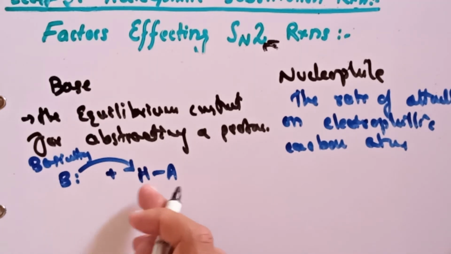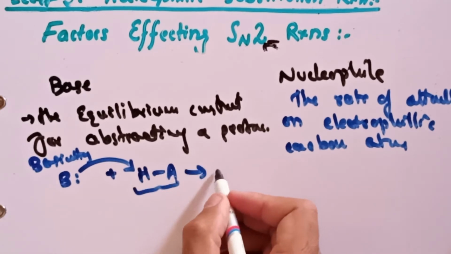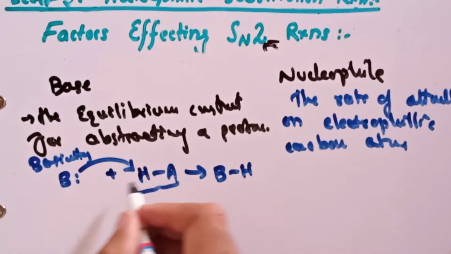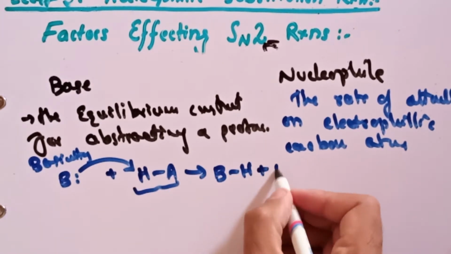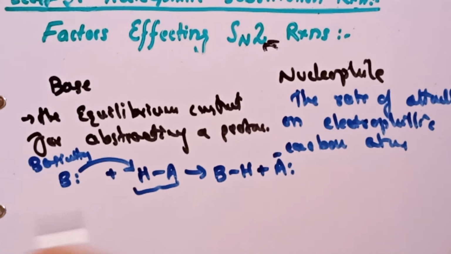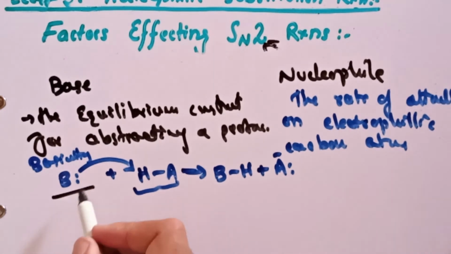They will remove the proton from this species, and the product will become BH, and the acid A will become negative. This is called the basicity constant. This is called basicity. This is called base.